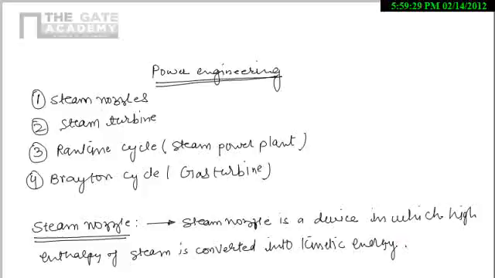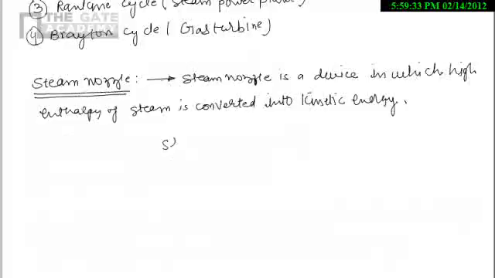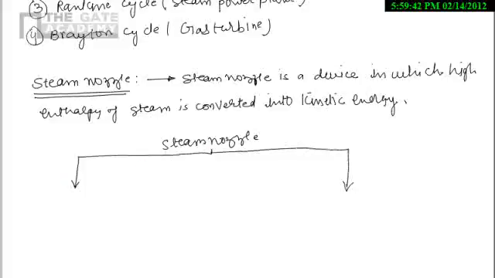So basically, we have two kinds of steam nozzle. I am giving the classification of steam nozzle here. First is the convergent nozzle, and second one is the convergent divergent nozzle.